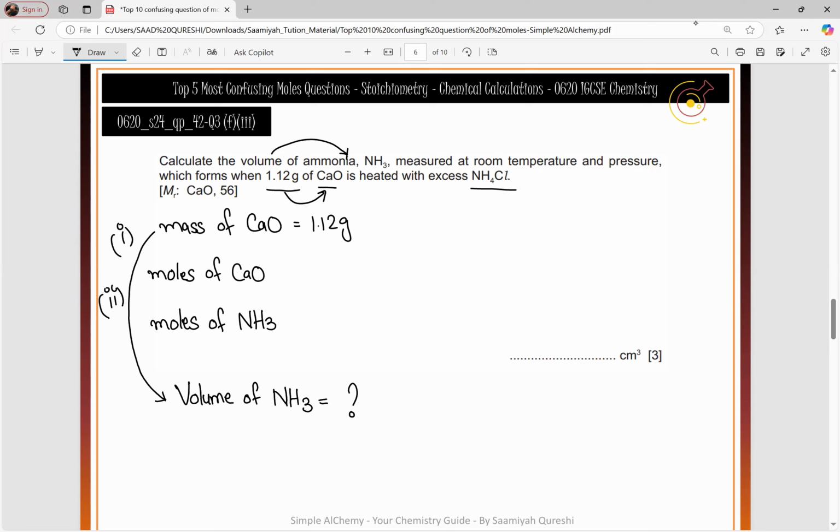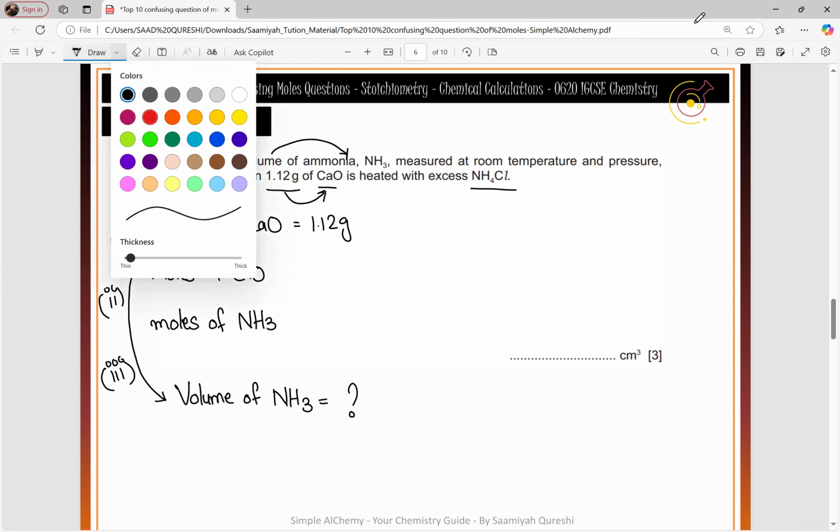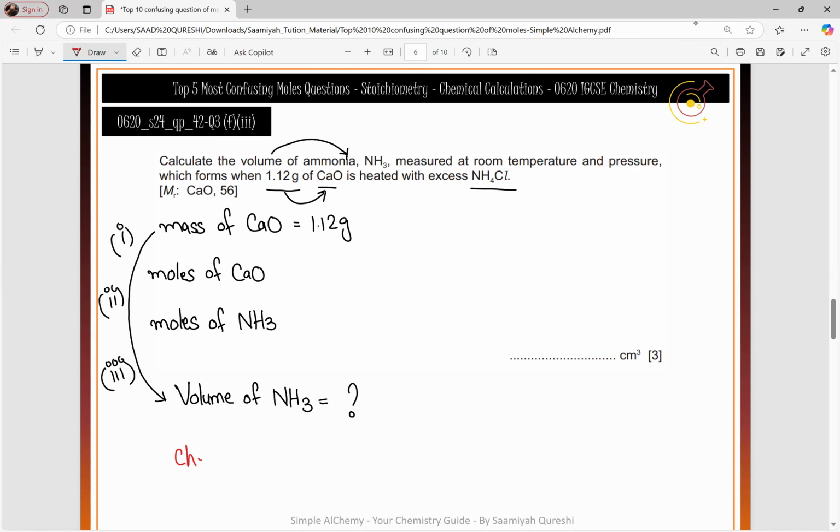And from the moles of ammonia, we'll find out the volume of ammonia in step number 3. These steps are called the chemical footbridge, and they are used in many questions.